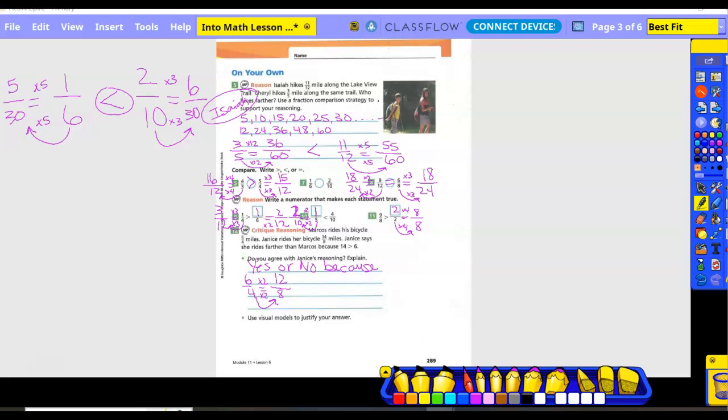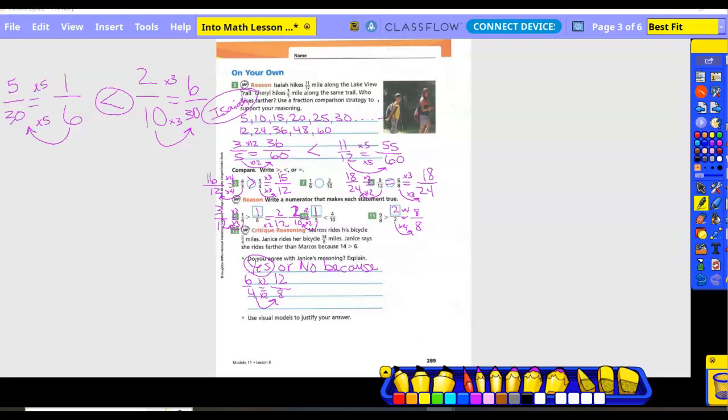So is 12/8 still more? Yes. Okay. So she is correct, but is her reasoning correct? No, her reasoning is not correct that 14 is greater than 6, right? Okay, because you would still have to change something else. Okay, so she's correct with what she said, but her reasoning is not.